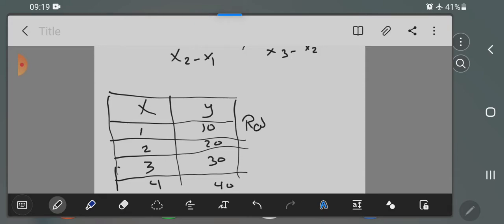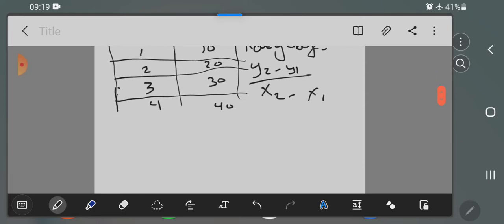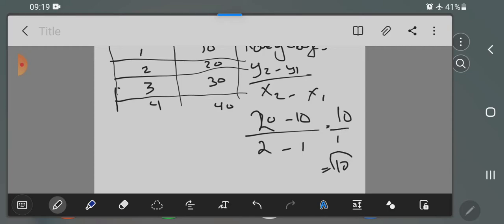Our rate of change equals y2 minus y1 over x2 minus x1. Okay? y2 here equals 20, y1 equals 10, so 20 minus 10 over 2 minus 1 equals 10 over 1 equals 10.